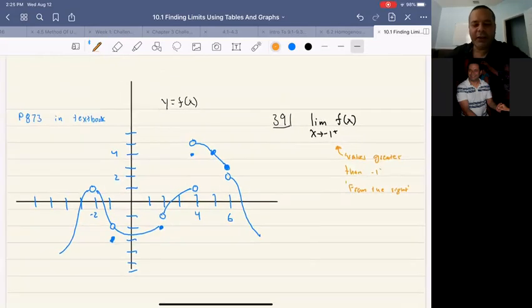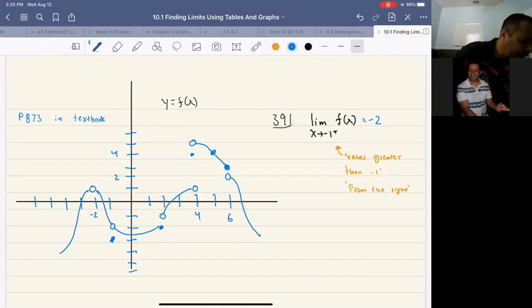Okay, so if we look at our graph, we're looking for -1. -1 is here. As we come from the right, so from the right is this side, as I'm marking, we're getting close to -2. So the answer here is -2.